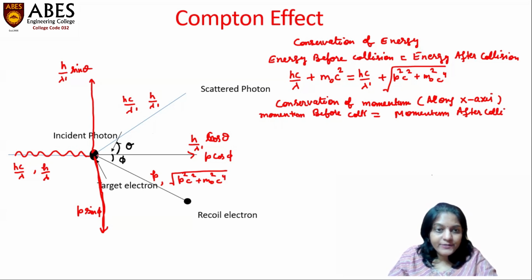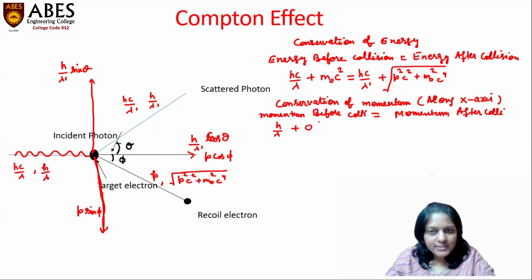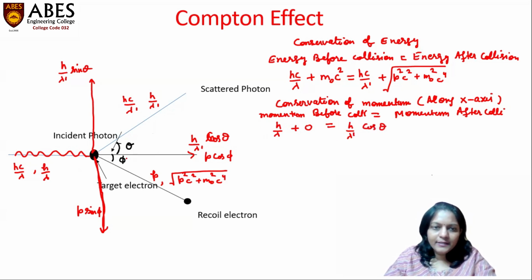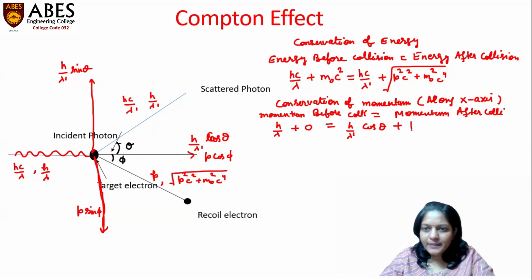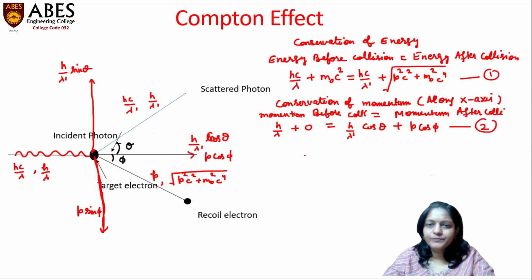The X-ray radiation is coming along the x direction, so the momentum is h by lambda. The electron is at rest, so its momentum before the collision is 0. After scattering, the momentum of the photon along the x-axis is h by lambda dash cos theta, and the electron momentum is p cos phi. This is the equation number 2.